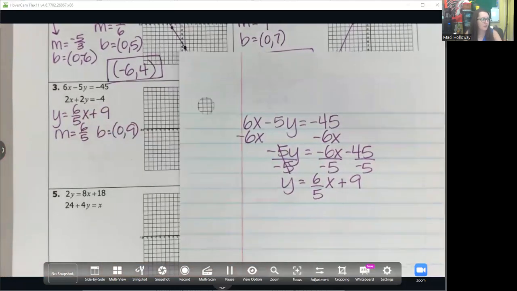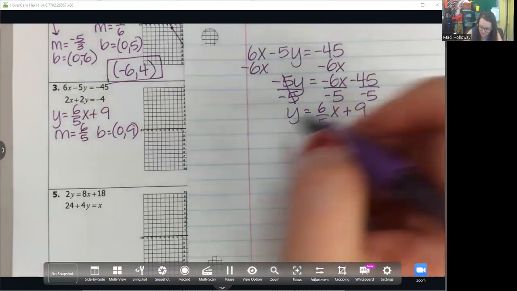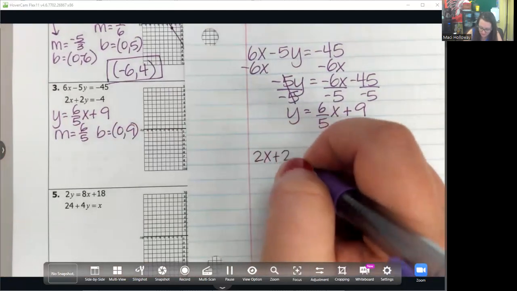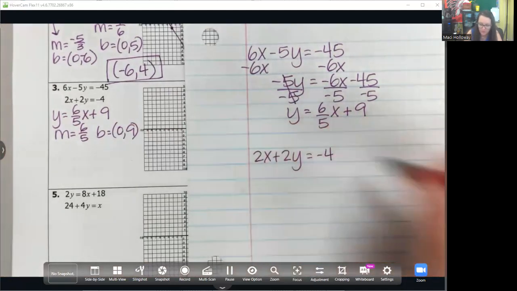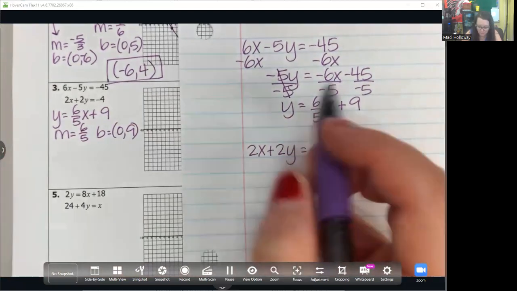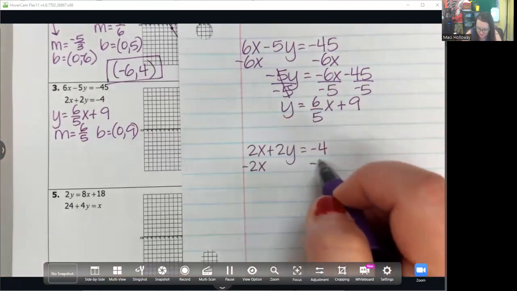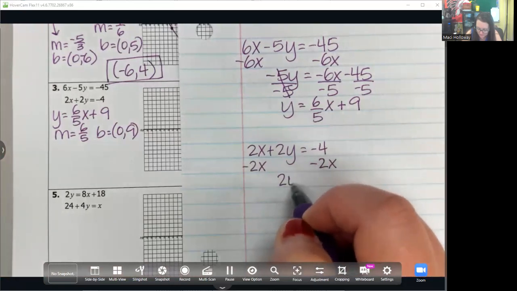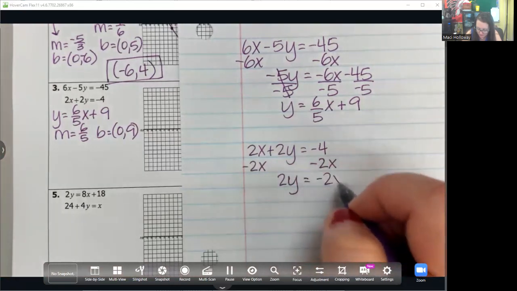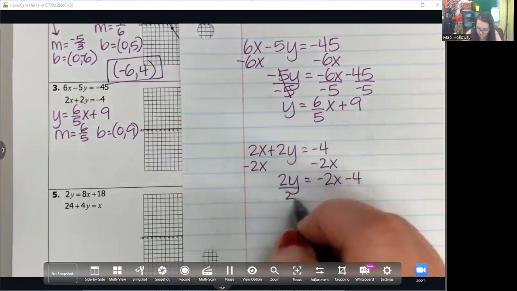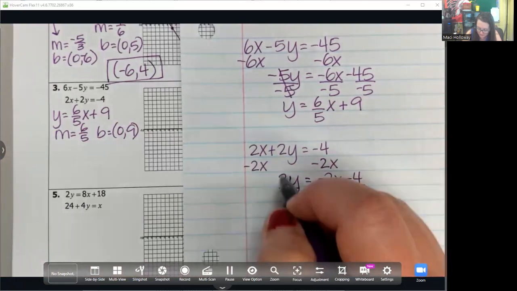And then let's do the next one, under it, that 2x plus 2y equals negative 4. So solving for y, subtract 2x. So we have 2y equals negative 2x minus 4. And then divide by 2. That cancels.